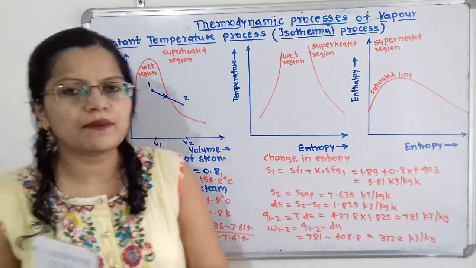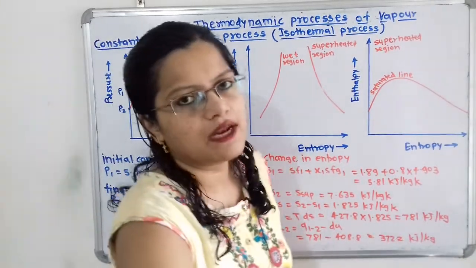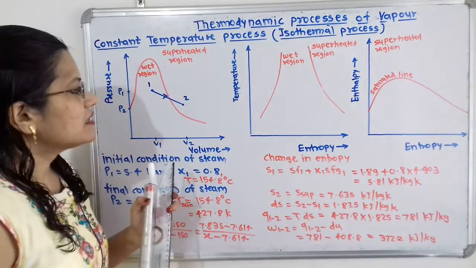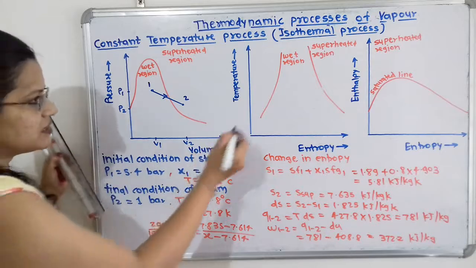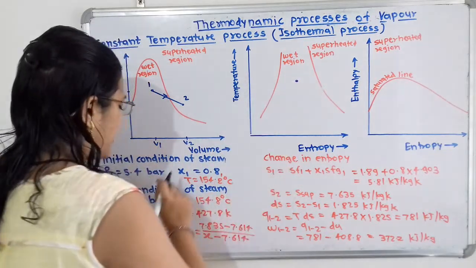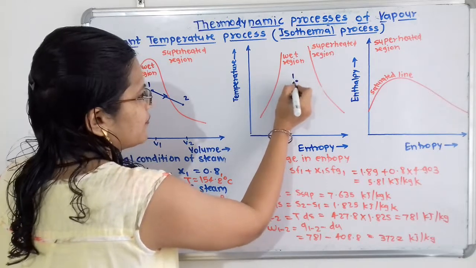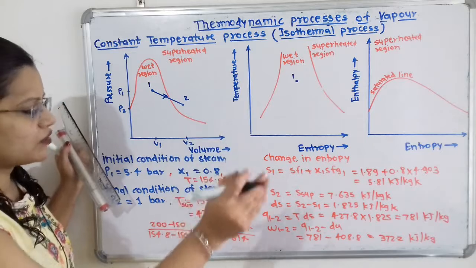Now we will show the process on the temperature entropy and enthalpy entropy diagrams. We know that the temperature will remain constant. The initial condition is wet steam and the final condition is superheated steam. So we have to select point 1 in the wet region, and show that temperature remains constant.